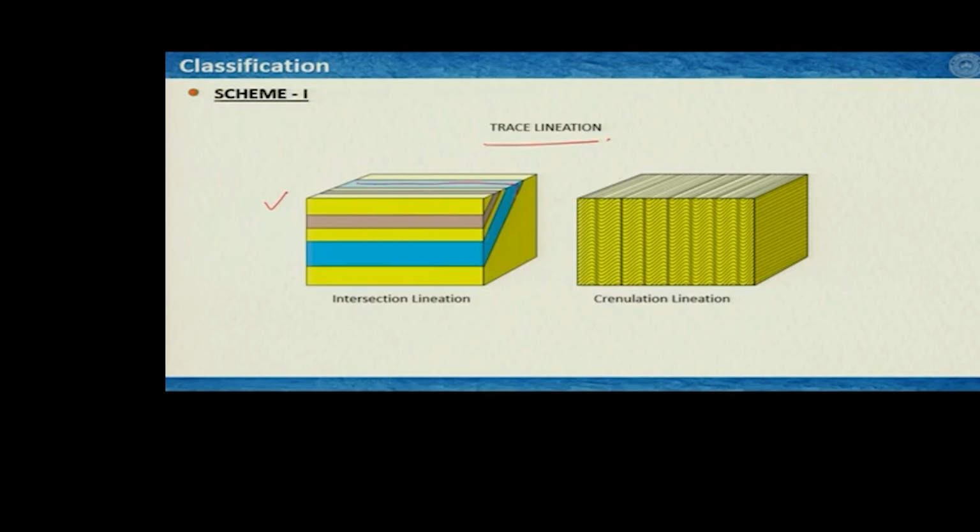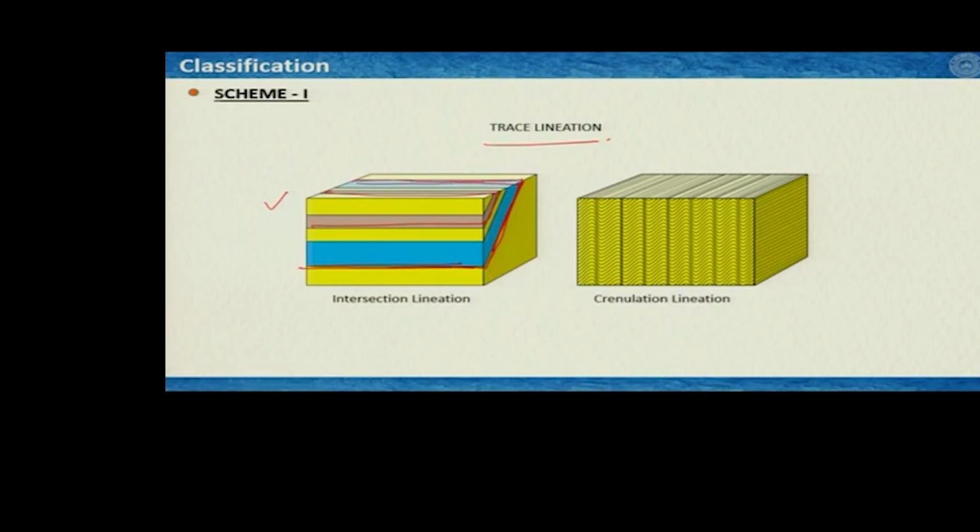So, this one and this one, you can imagine that these are bedding planes which are inclined. So, in this plane you can consider this as a lineation, and this lineation is the intersection between this yellow plane and this bedding plane. In this plane as well you can consider this line as an intersection lineation, and in this plane as well.